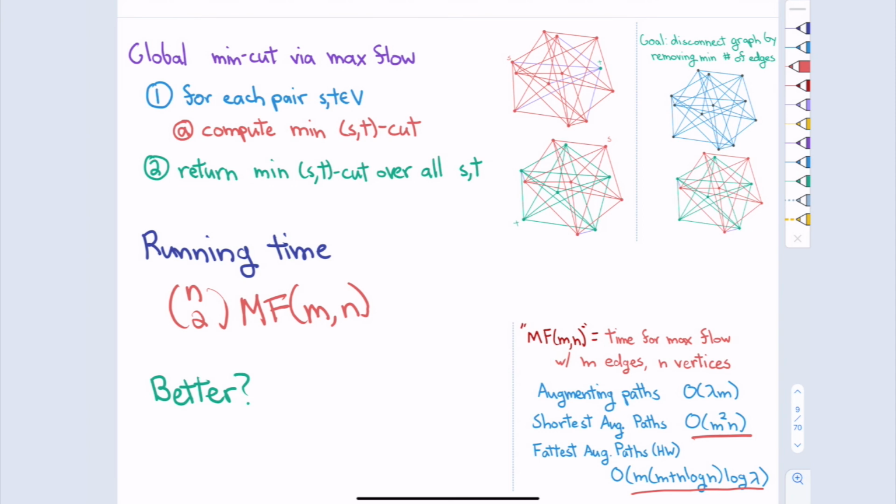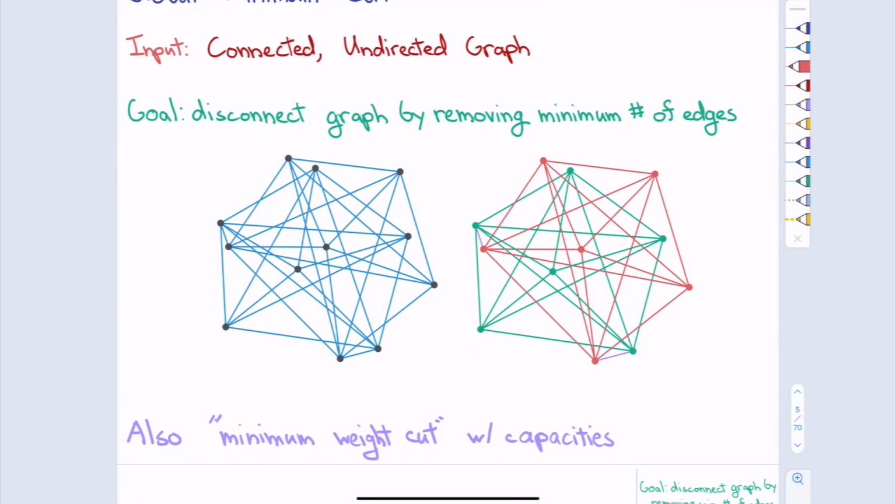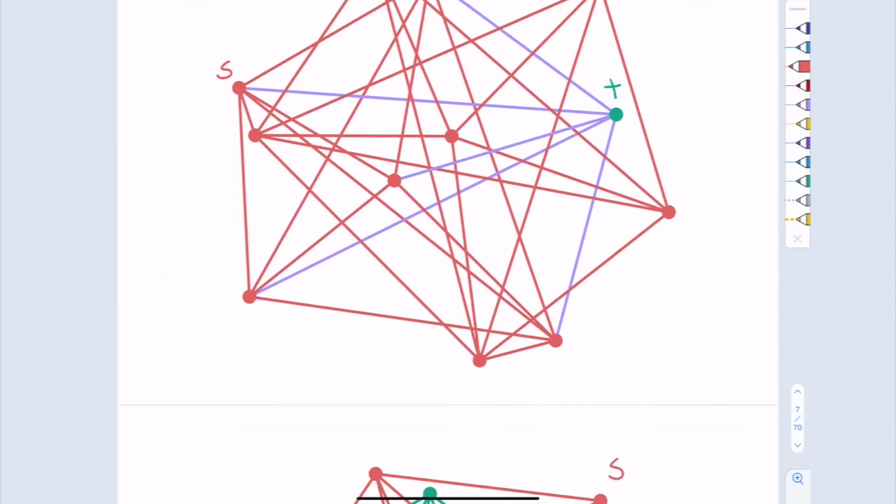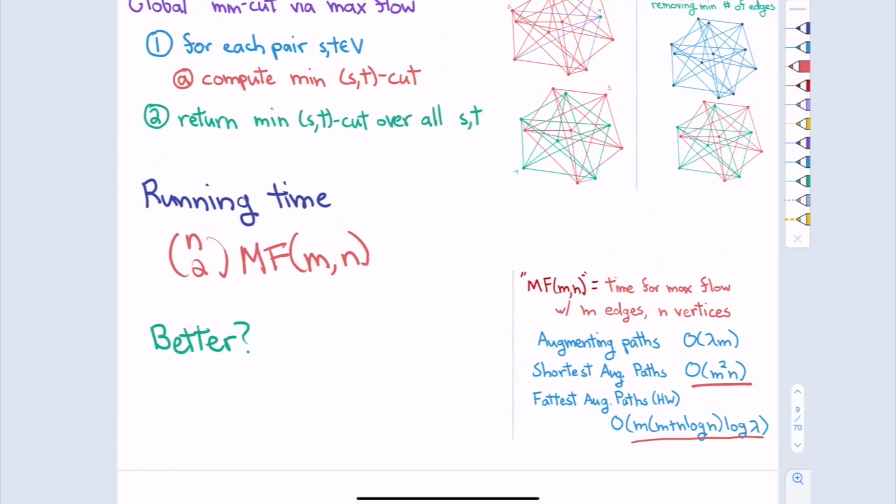Whatever the global min cut is, s is on one side or the other, and then you just have to get t from the other side, and then you'll get the minimum s-t cut. So in this example, we could fix s here, and then try all sorts of different t's until we get one that reveals the minimum global cut. So you can do a little bit better than n choose 2 pairs.